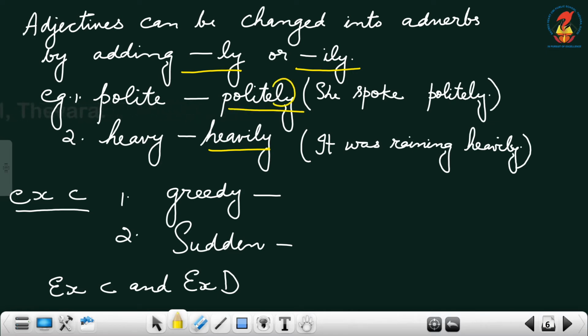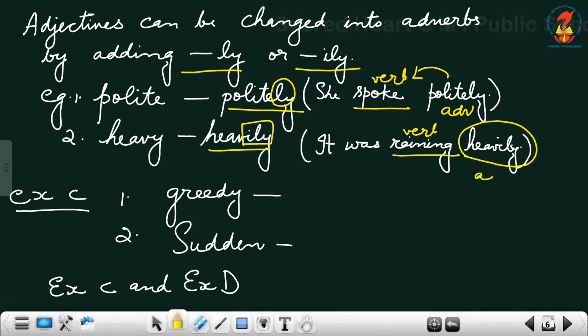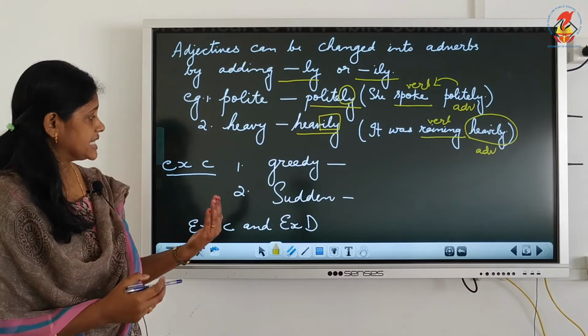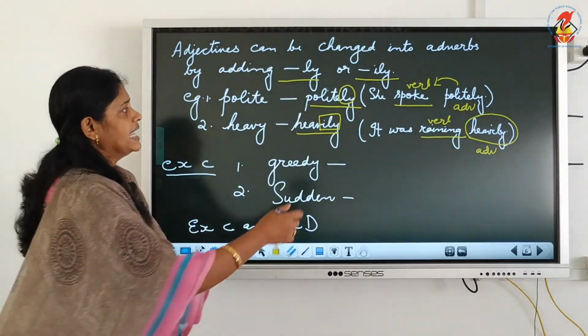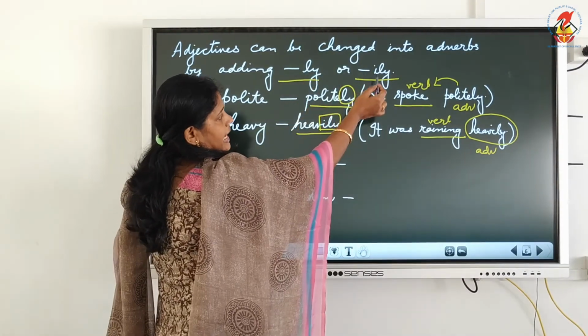You can say here ly is added, here ily is added. She spoke politely. This is the verb. And how did she speak? This is the adverb. It was raining heavily. This is the verb. And again, this word heavily is the adverb. Is it clear? So some adjectives can be changed into an adverb by adding ly or ily.